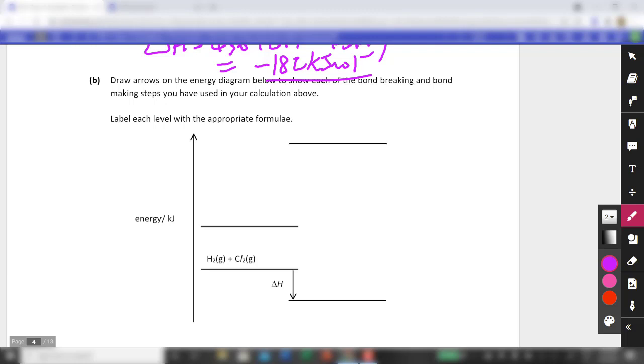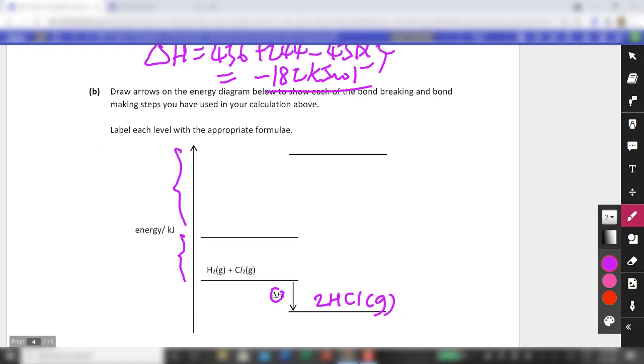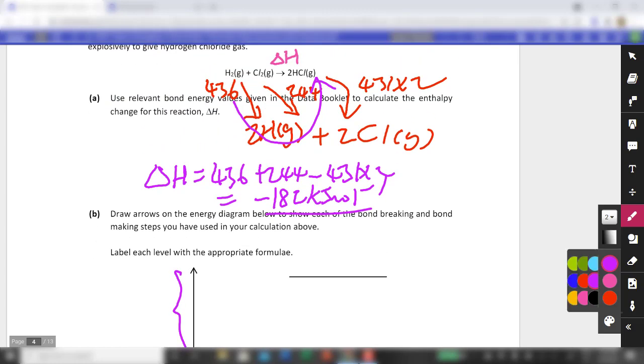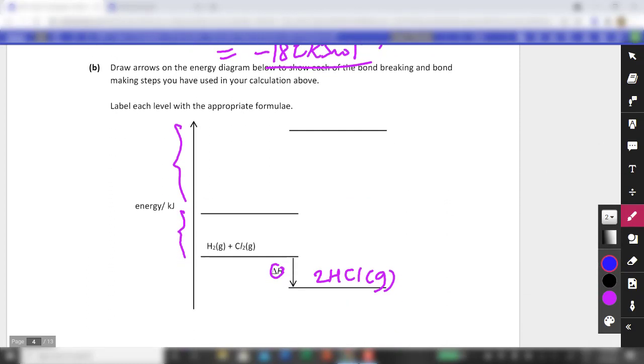Okay, so again, this is the delta H we are talking about. So I'm going to get 2HCl gaseous. Okay, and I think first of all, because this is a smaller region than this, and if I look above, I will realize that 436 is a bigger number than 244, right? So therefore I'm going to break Cl first.